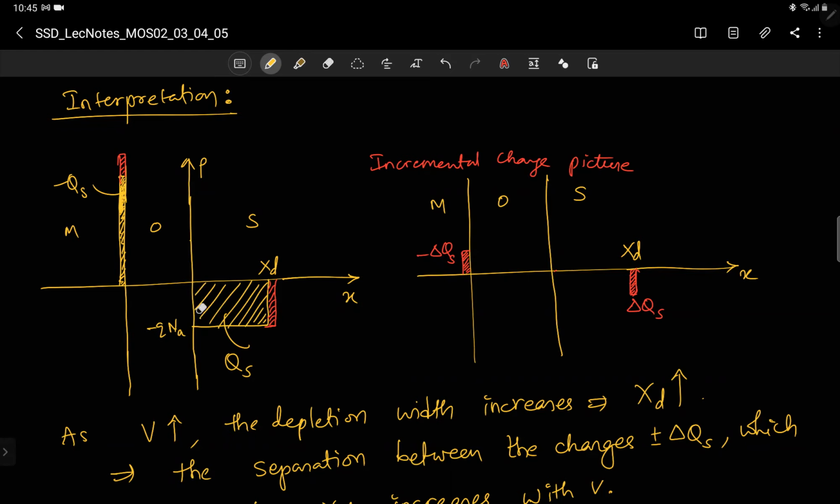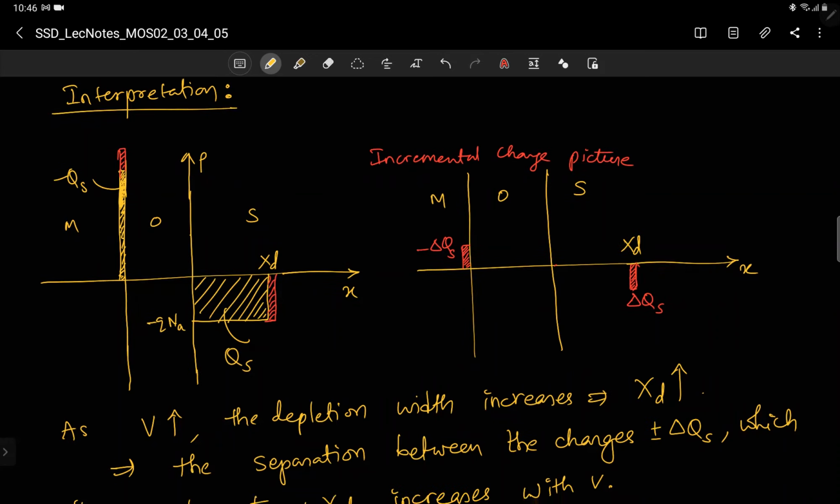But we are not beyond inversion. We are still in the depletion region, explaining the depletion regime of operation. So inversion charge is insignificant. So the change in charge has to come from the increased depletion width. So the change in charge is happening here and on the metal surface. So there is a large separation.